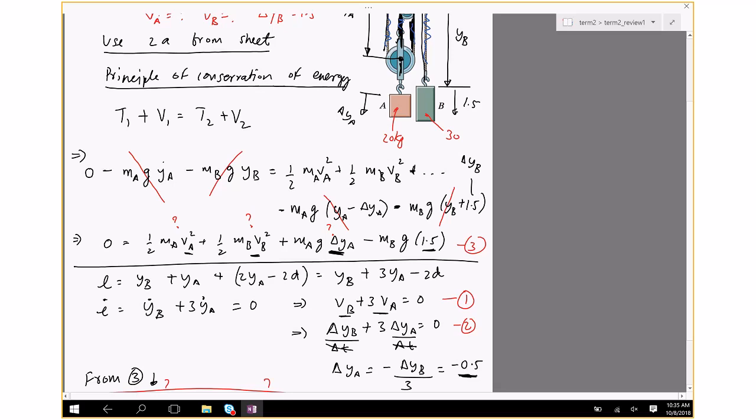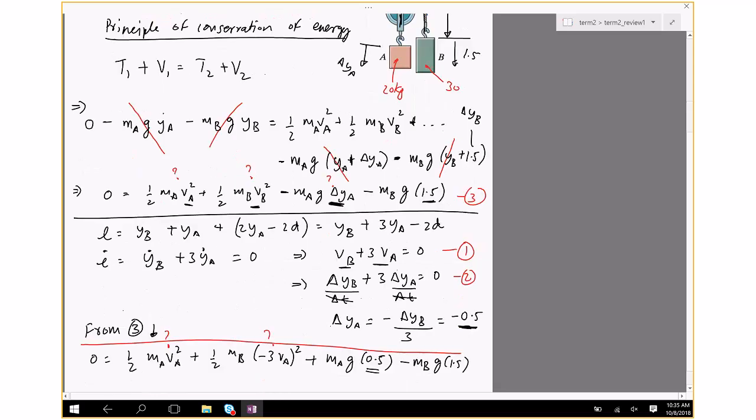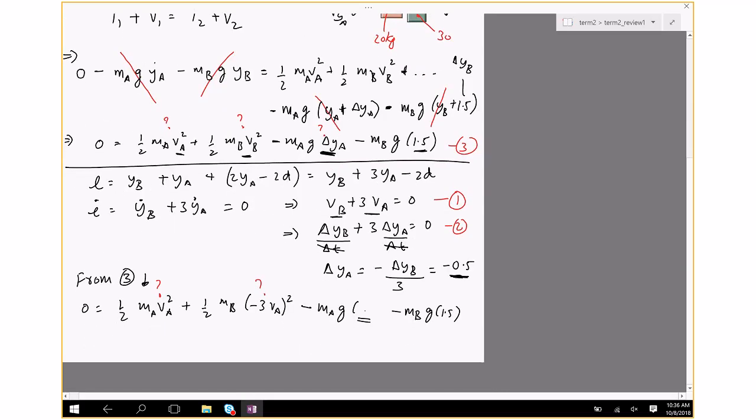So this is not assuming anything to do with delta y. We're going to assume it to be down because our convention is downwards is positive. Stay with that convention. So this will be positive. So this will be negative. Okay, and then at the end, it's right to put negative 0.5 now.